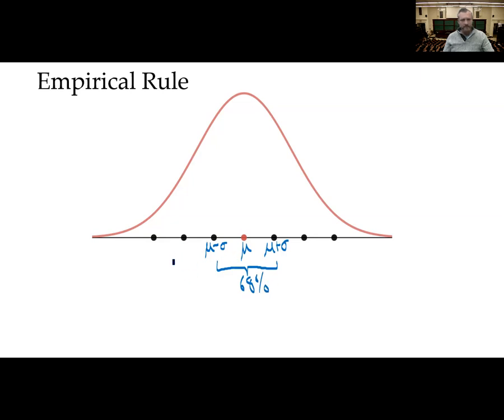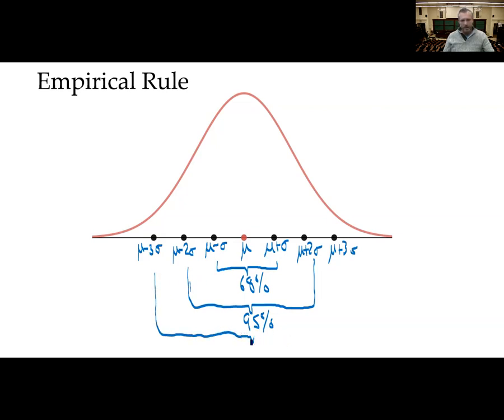And when we move two standard deviations away, so mu minus 2 sigma, mu plus 2 sigma, we've got 95%. And then by the time we move out 3 standard deviations, so again, that coefficient of sigma is the number of standard deviations I moved out, we've got a whopping 99.7% of our values.